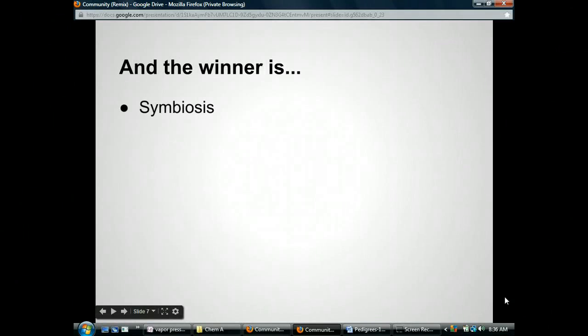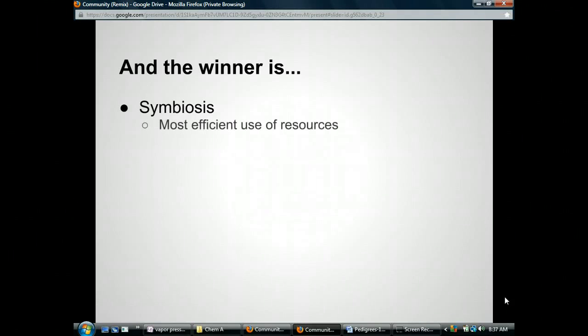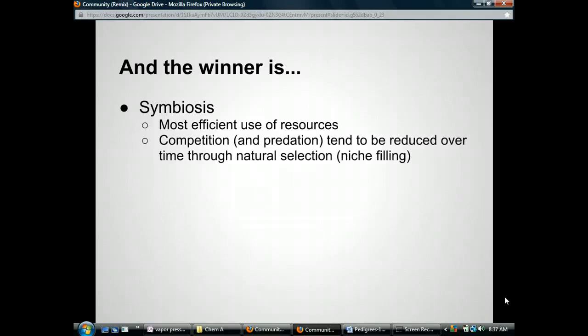The winner is symbiosis. Why do I say that? Well, it's the most efficient use of resources. Competition and predation tend to be reduced over time through natural selection or niche filling. So what happens is basically competition is a form of pressure, and this pushes animals through evolution to occupy other niches.